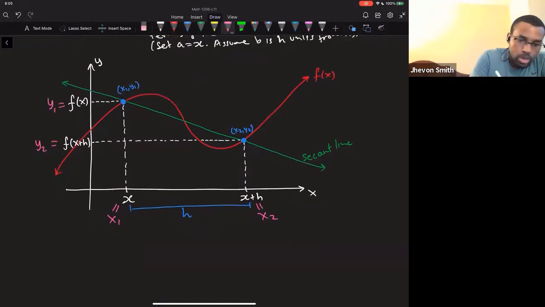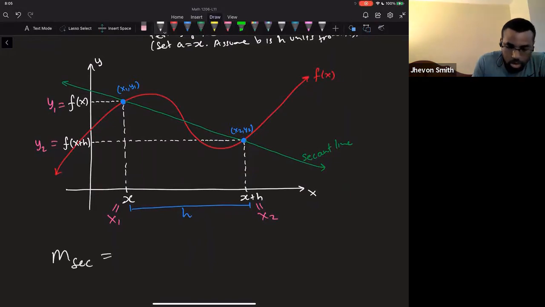So now if you measure the slope of the secant by this formula, well, you get Y2 minus Y1 over X2 minus X1.